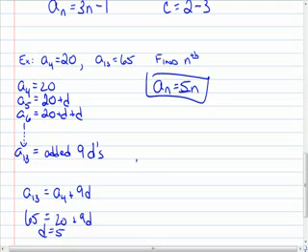How could you get the first term? You go backwards. You want to subtract D from 20 and do that how many times? 4 times. That would get us back.